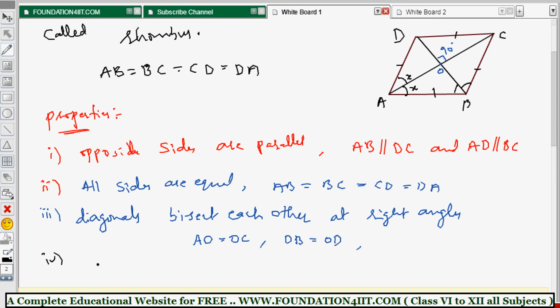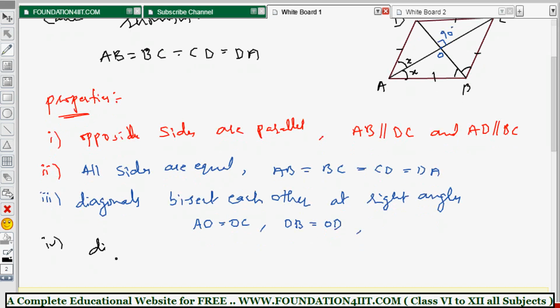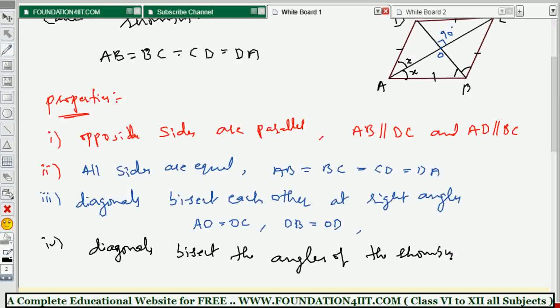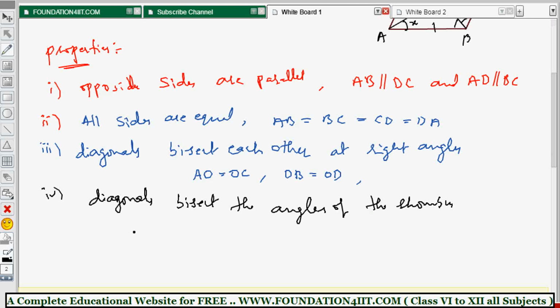So we can write like this: diagonals bisect the angles of the rhombus. AC is one of the diagonals, so it bisects angle A and angle C. That means it makes them into two equal parts.